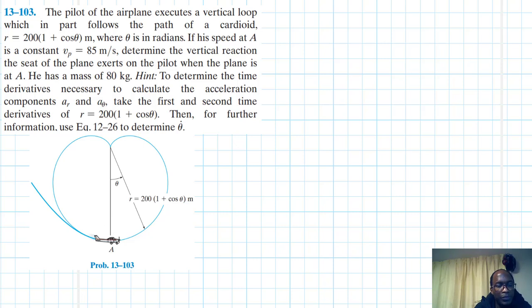Let me show the coordinates. We are using polar coordinates, so this is our radial direction, and this is our theta.